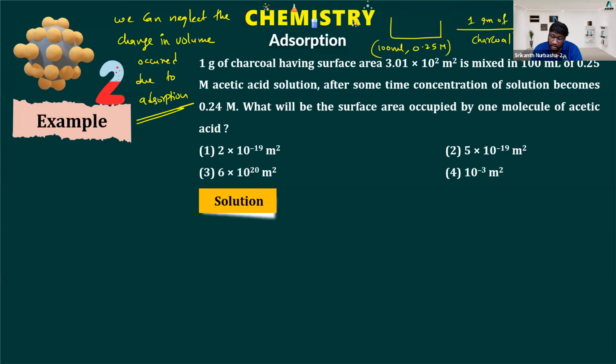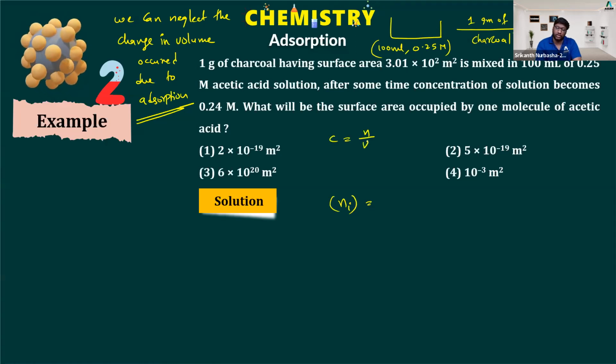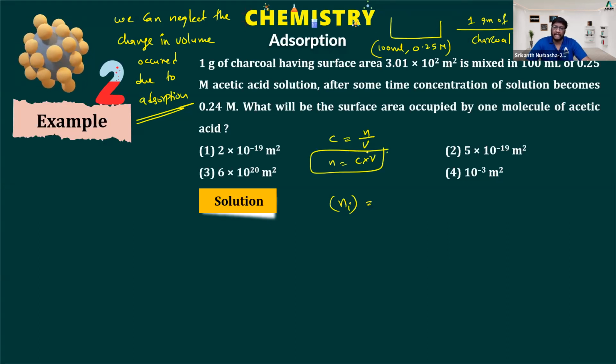What will be the surface area occupied by 1 molecule of acetic acid, that they were asking? So can I say 100 ml 0.25 molar to 100 ml 0.24 molar, how much is the number of moles of acetic acid that has been adsorbed, that you can calculate or not? Concentration is number of moles by volume, so number of moles is concentration into volume. Volume we take in liter instead of ml, because directly you get number of moles.